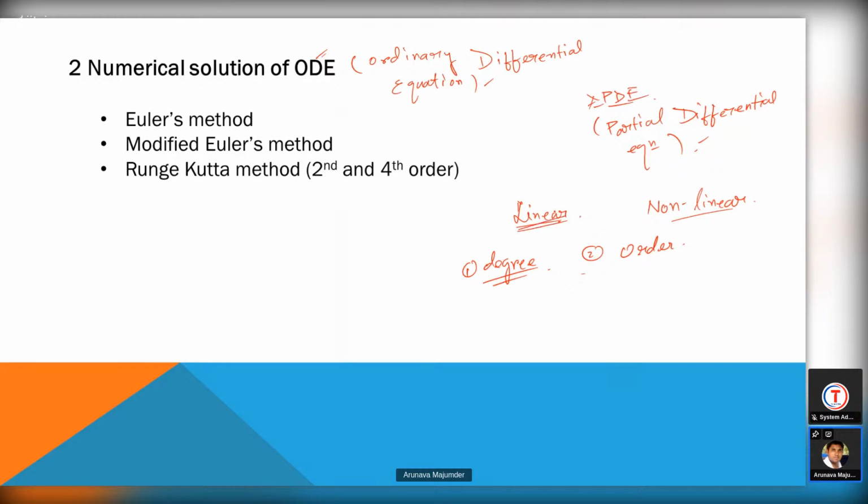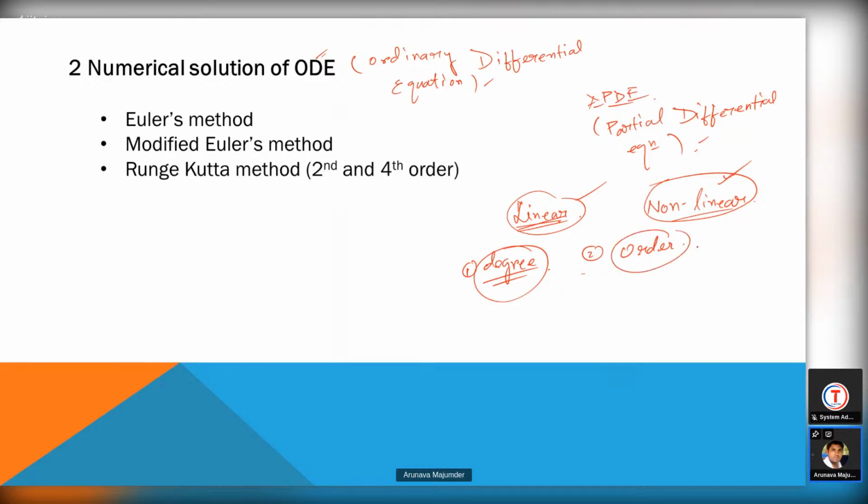Linear equations are only those differential equations where the degree is 1, and all other cases are non-linear. So linearity and non-linearity depend on whether the degree is 1 or not.